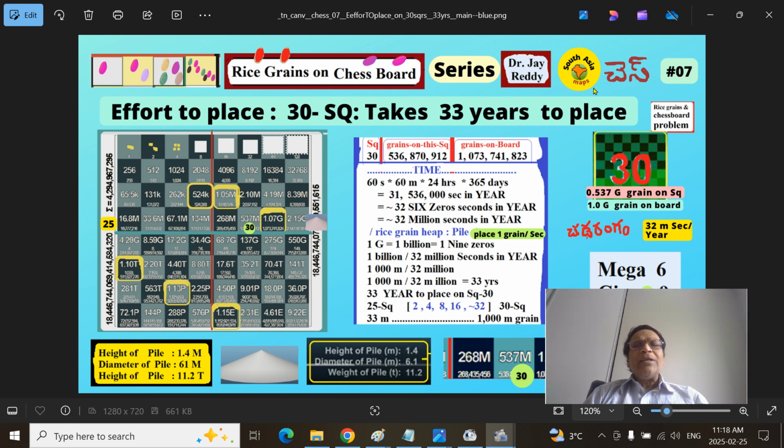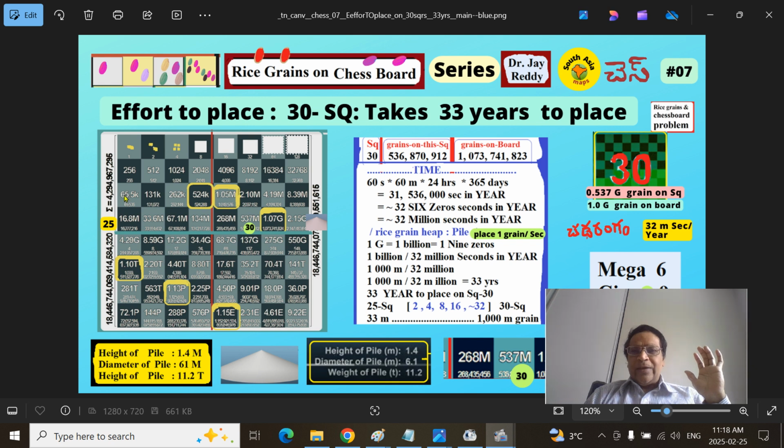In this particular part 7, we are talking about a concept called effort to place. Suppose you take a rice grain and assume you can put one rice grain on the board per second. This is just a subjective assumption to make things very clear. Consider the effort to place on the 30th square.